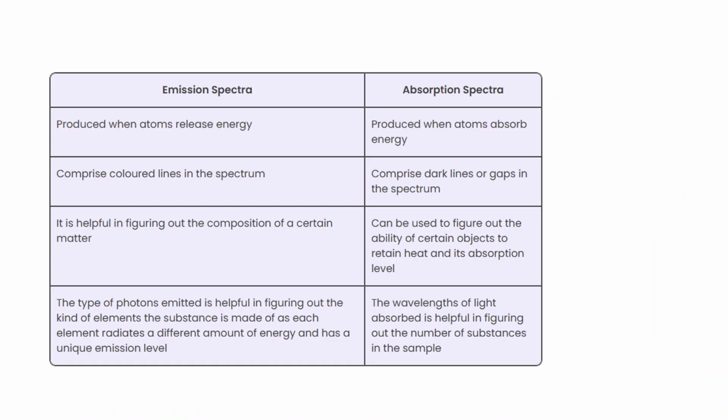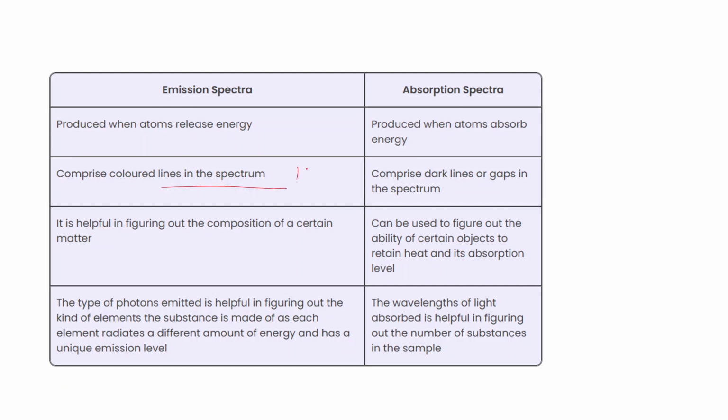If we talk about the difference between them, emission spectra happens when atoms release energy, whereas absorption spectra happens when they absorb energy and go to a higher level. Emission spectra comprises colored lines.